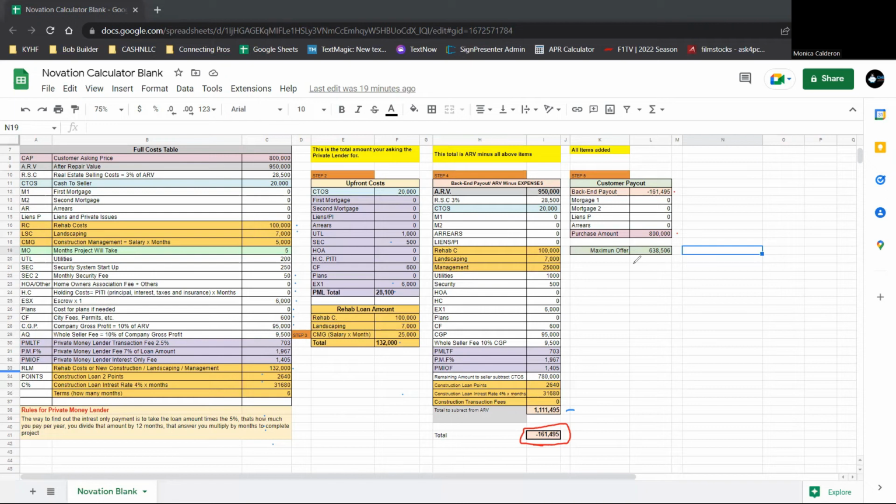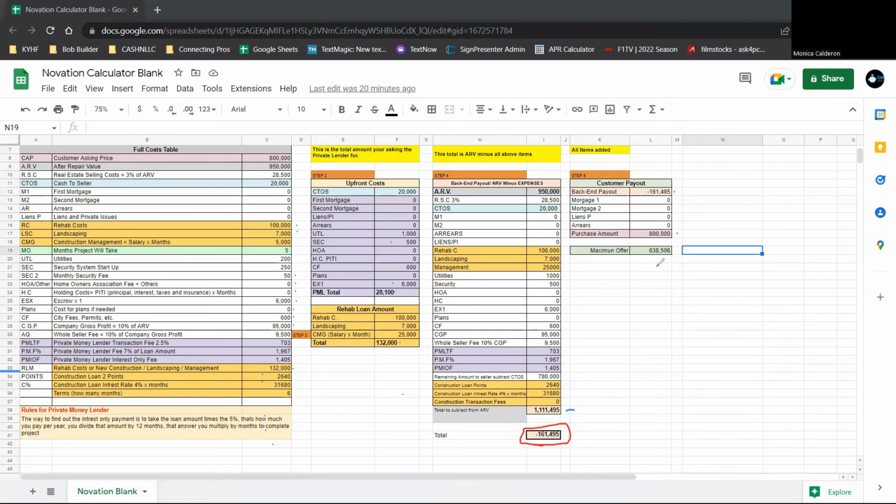So right here, we have a 638,506. This is what we would be able to offer the seller once we've calculated all the costs and all the expenses we're going to have, including the private money and the construction loan fees we're going to have to pay, right?